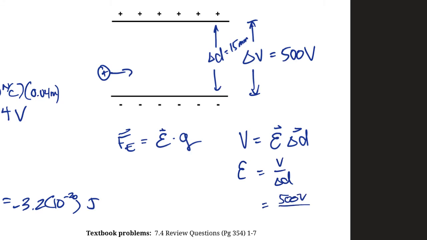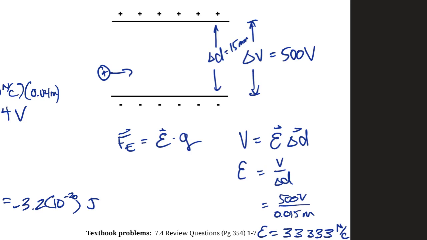Now again, we need to be careful, put that in meters, 0.015 meters. And we get the field strength is 500 divided by 0.015. It's a huge number. Well, not that big, but 33,333. So let's just carry all those significant digits for now. And that, again, is newtons per coulomb. That's our field strength.